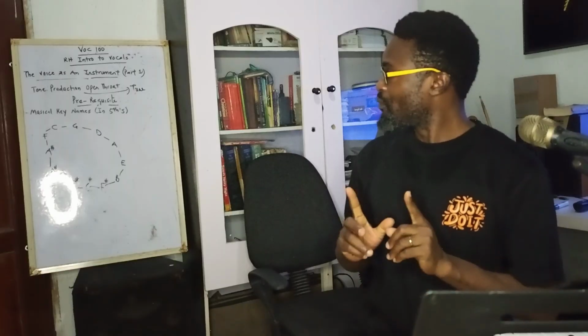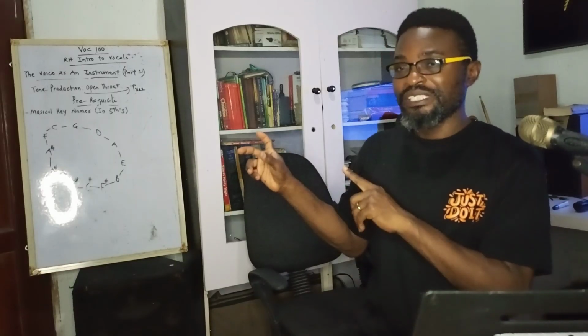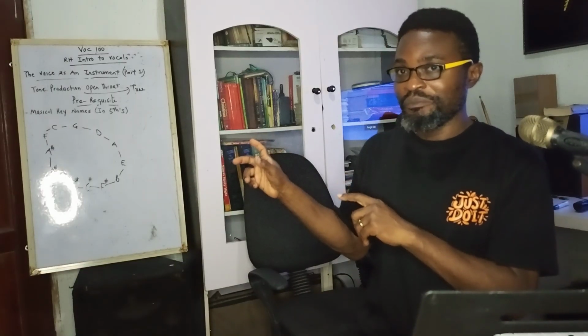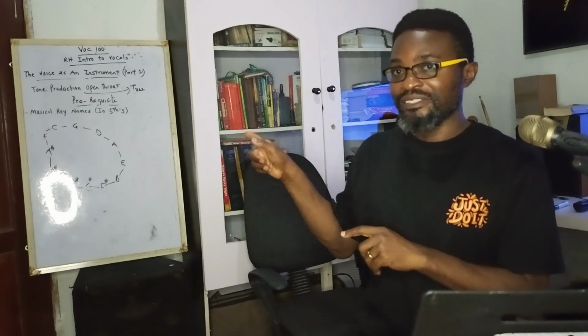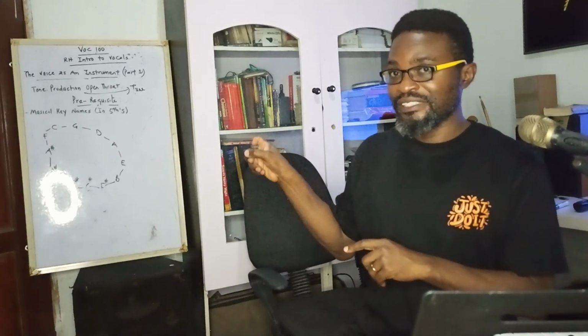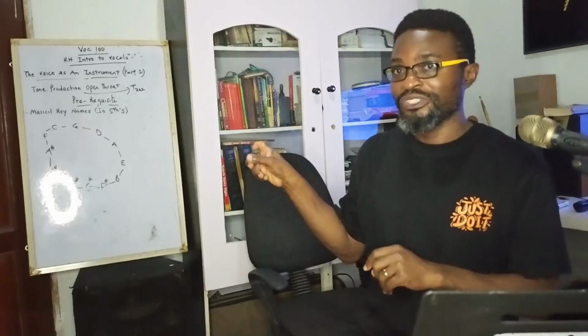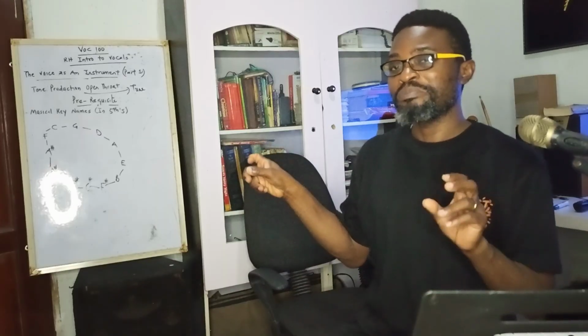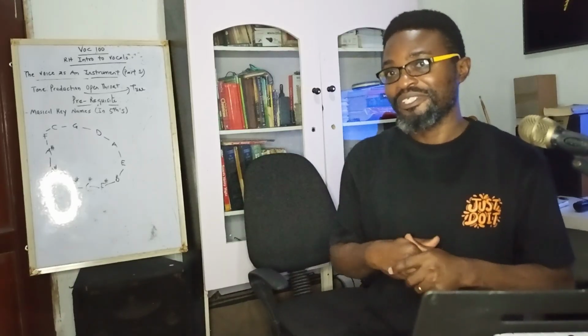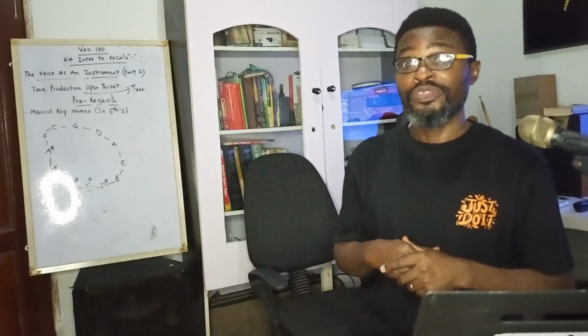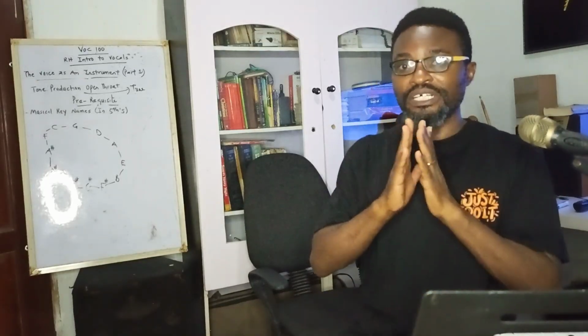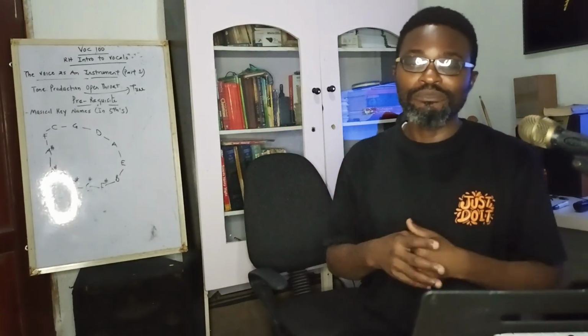we have to note the names of the keys in music. These musical keys are representations of sounds. The keys are nothing in themselves; you use them to represent sound.